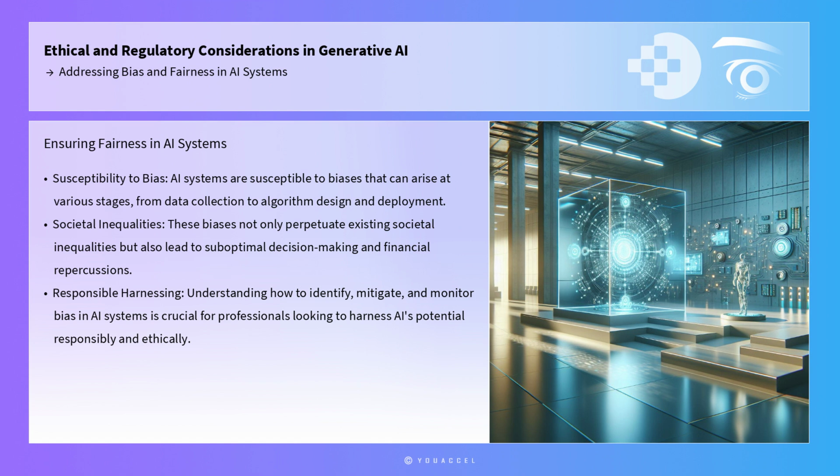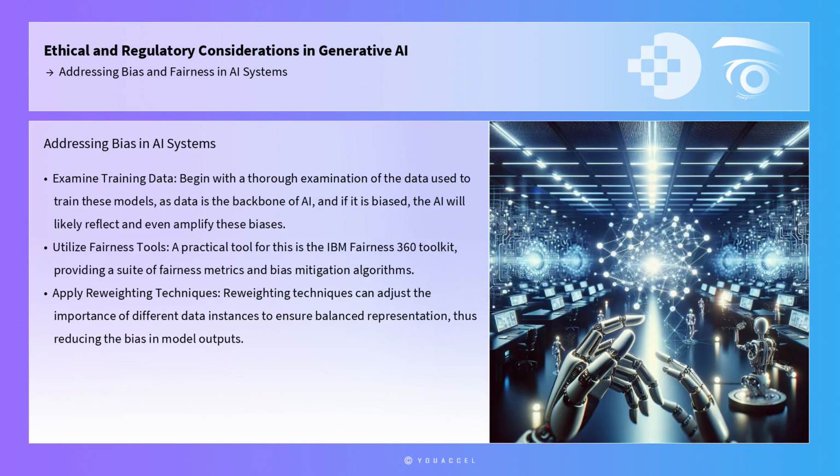potential responsibly and ethically. One actionable strategy for addressing bias in AI systems is to begin with a thorough examination of the data used to train these models. Data is the backbone of AI, and if it is biased, the AI will likely reflect and even amplify these biases.